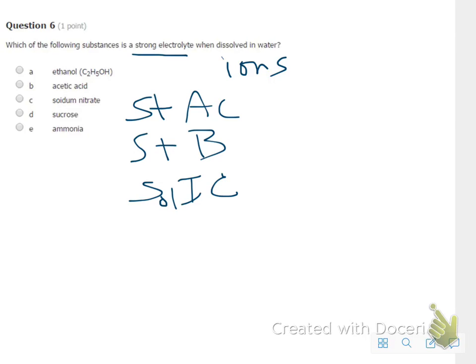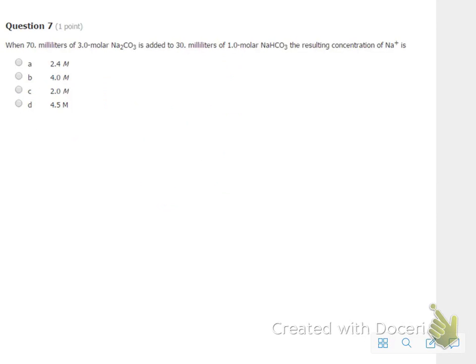All right. Ethanol is molecular, it forms no ions. Acetic acid is a weak acid. Sodium nitrate is a soluble ionic compound, so it's going to be sodium nitrate. Sucrose is a molecular compound, forms no ions. Ammonia is a weak base. It will form some ions, but it will be a weak electrolyte, so the answer is C.